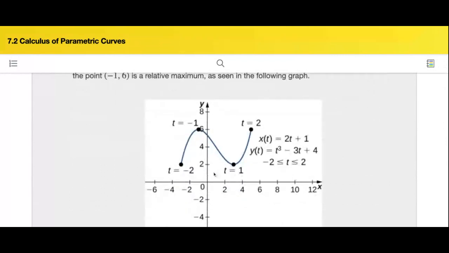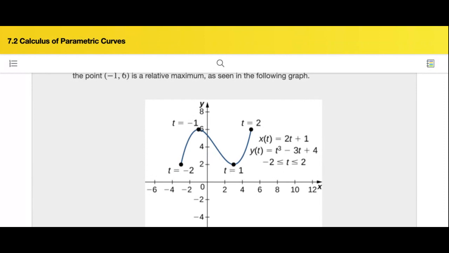So if we graph the parametric equation x of t equals 2t plus 1, y of t equals t cubed minus 3t plus 4, in the interval from negative 2 to 2, we get these wiggles. And we see at t equals negative 1 and t equals 1, we get a relative maximum and a relative minimum.